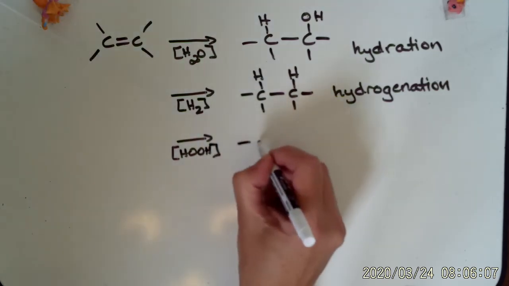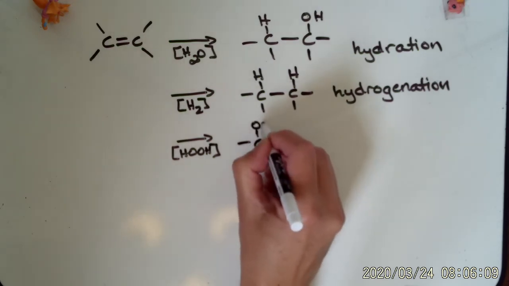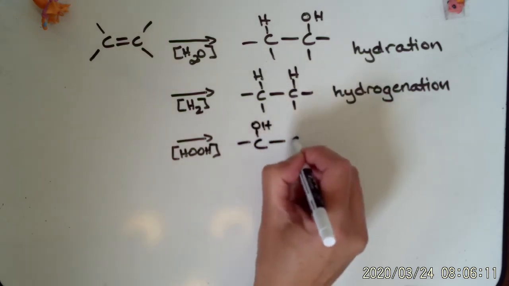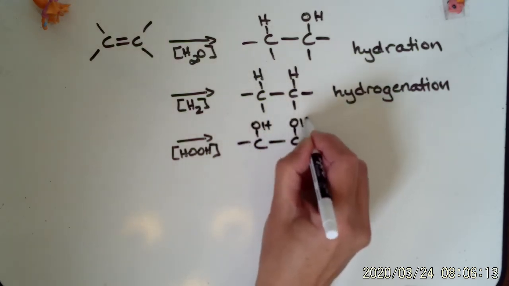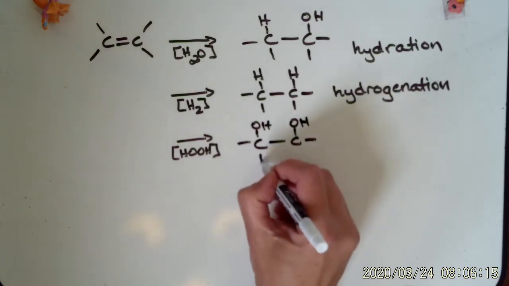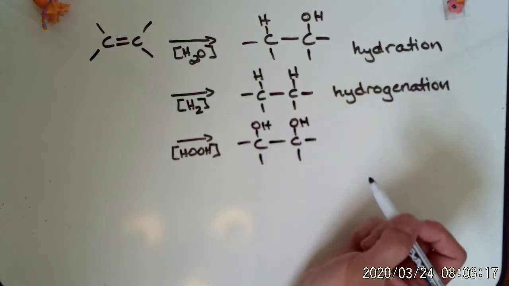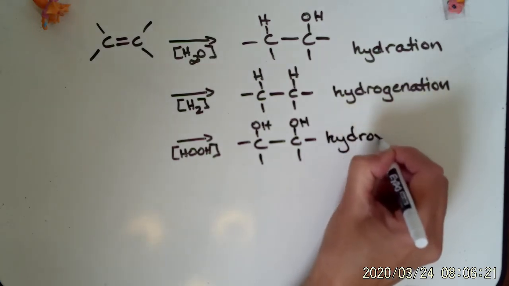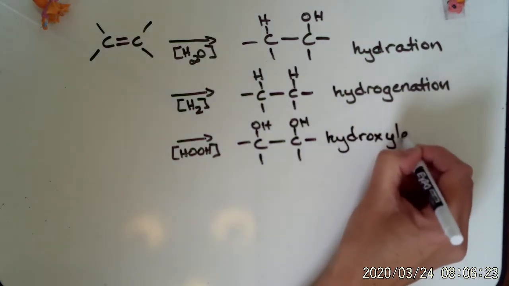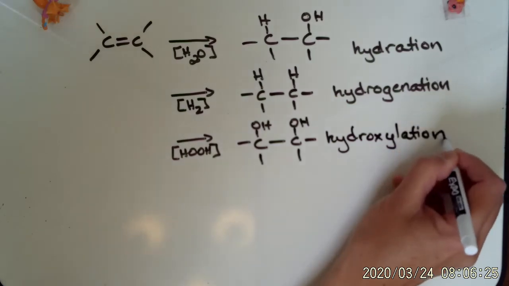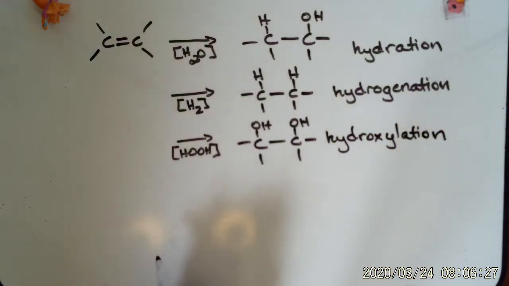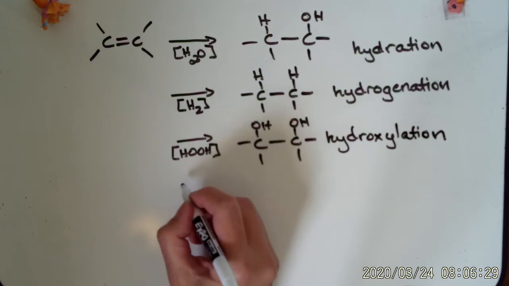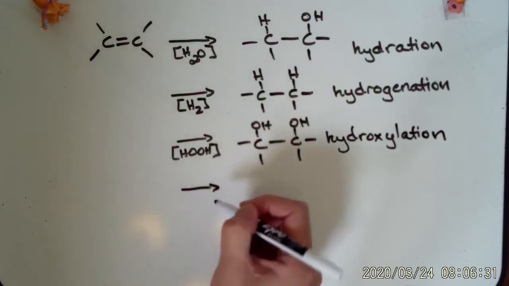Okay. This is called a hydroxylation. Essentially what we're doing is adding two alcohol groups across my double bond. And again, the actual details on how we do that will come later. I'm just showing you types of reactions.